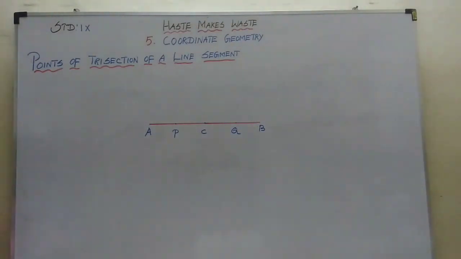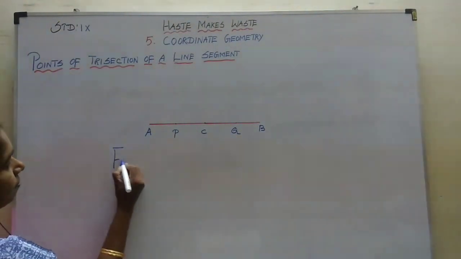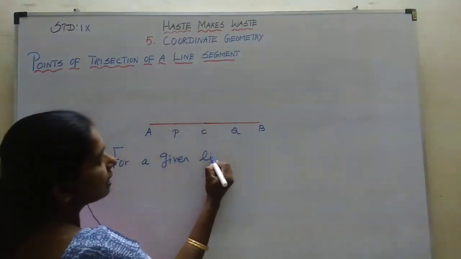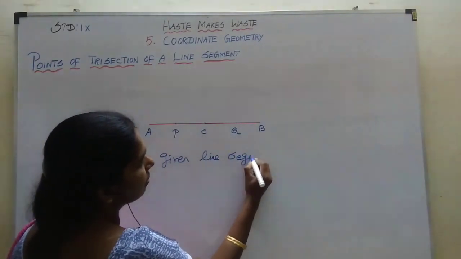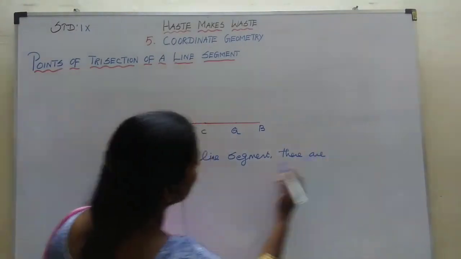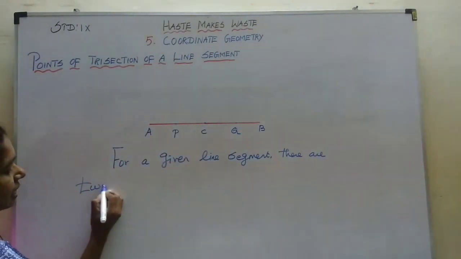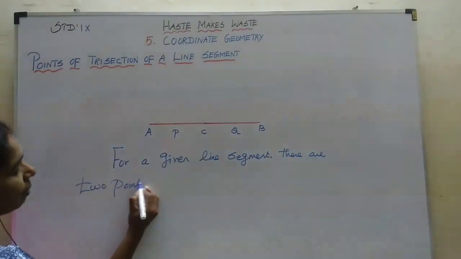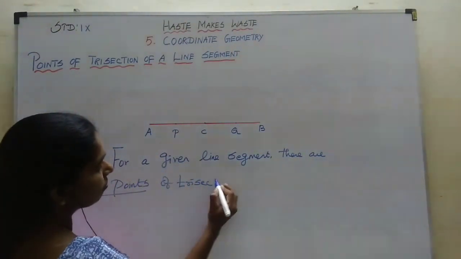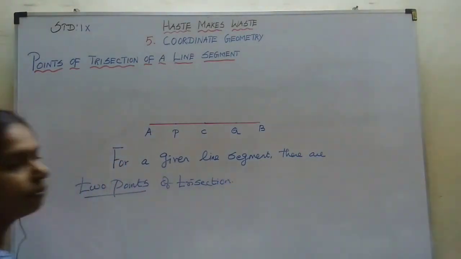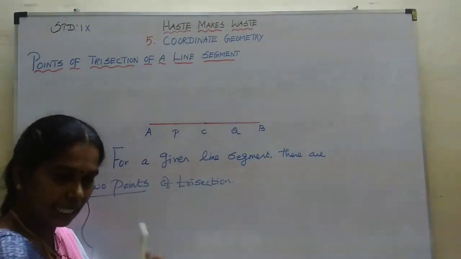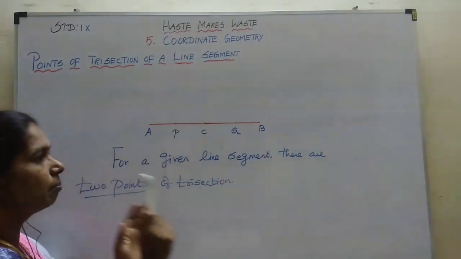For a given line segment, there are 2 points of trisection. Understand the meaning? How many points? 2 points of trisection, and the method of obtaining the trisection is the same as the method of obtaining the midpoint of the line.